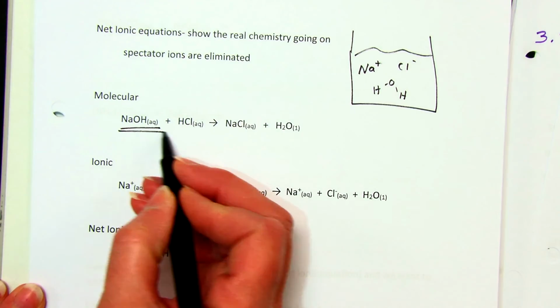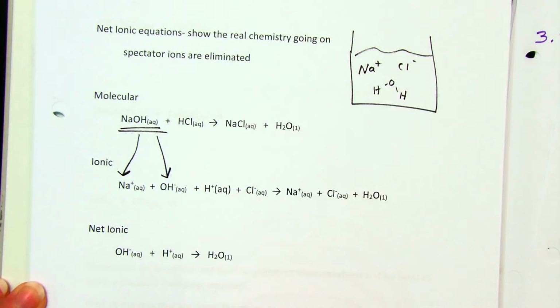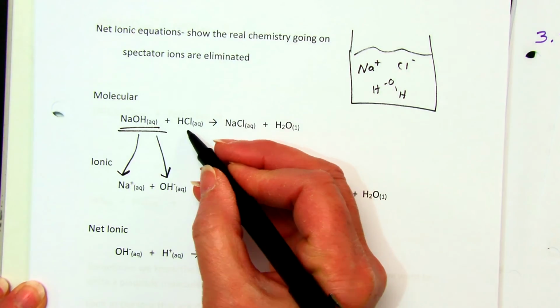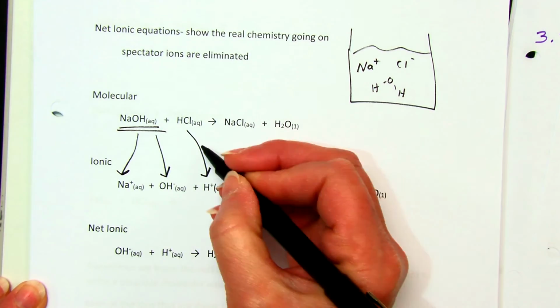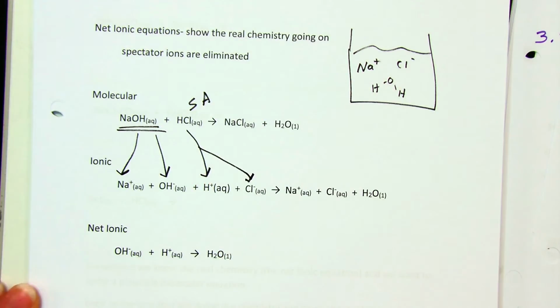Now, if I look at my ionic equation, I write down what's in my beaker. Well, my sodium hydroxide breaks apart and makes sodium ions and hydroxide ions in the beaker. My HCl gives us hydrogen ions and chloride ions, because hydrochloric acid is a strong acid. Strong acids get broken apart.